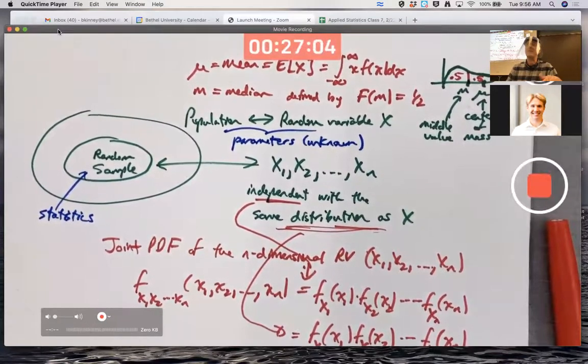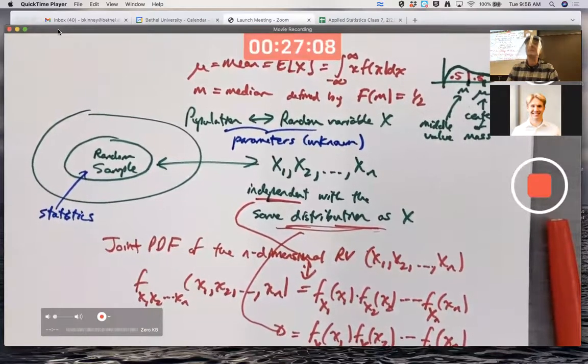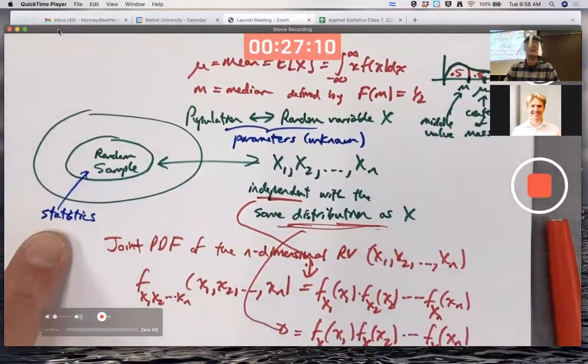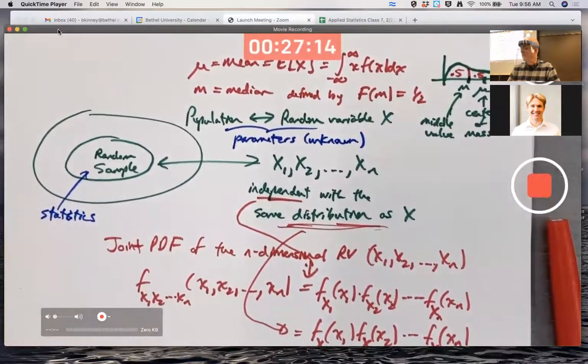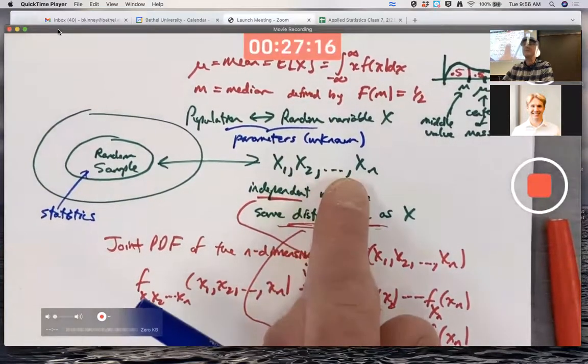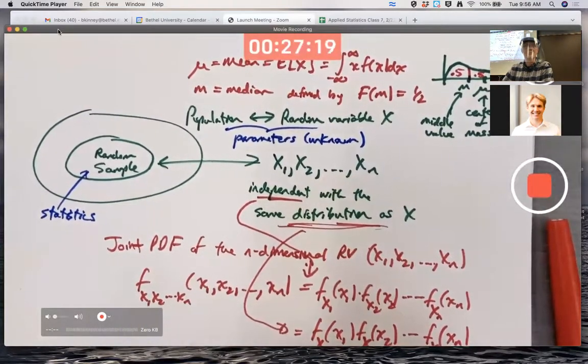For us, in a more advanced statistics class, we're thinking about these things more theoretically. We're thinking about statistics as being random variables, but not any old random variables. They're random variables that are generated from a random sample from the population.